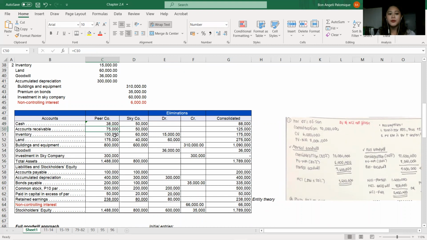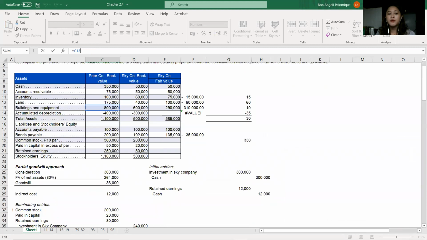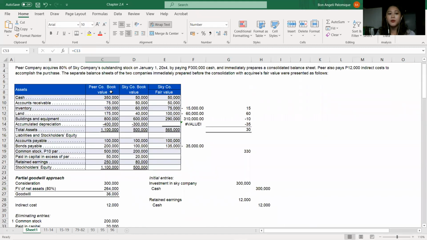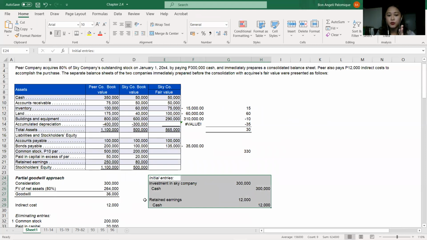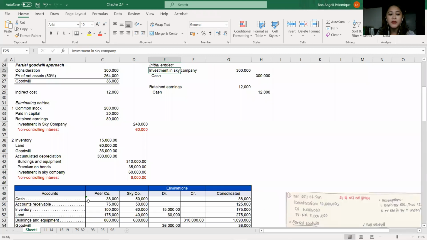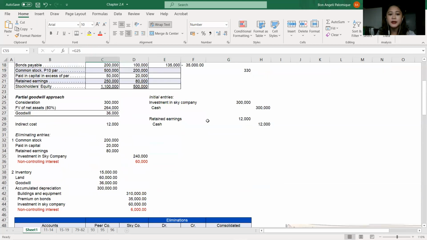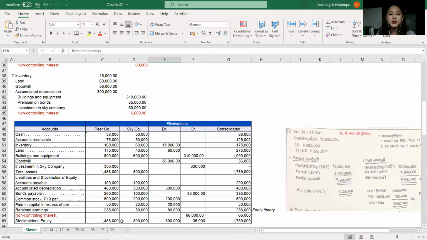Accounts receivable, inventory, land, buildings and equipment, lahat to at book value lang. Kasi kung titignan mo, ito yung book value plus minus the initial entry. Yun lang yung magre-reflect dun sa unang column, di ba? So, ito lang ang gagalaw. Tapos yung investment in Sky Company na 300,000, yung retained earnings na 12,000.